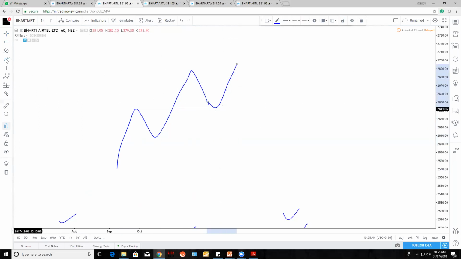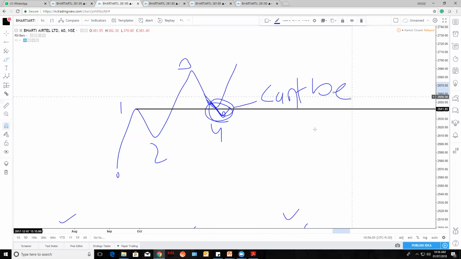If it is retracing, it means it is coming into the area of wave 1, that is 0, this is 1, this is 2, this is 3, and this is 4, it cannot be the impulse wave. If it is touching it, it can't be the impulse wave.